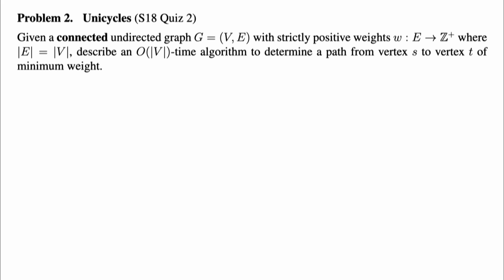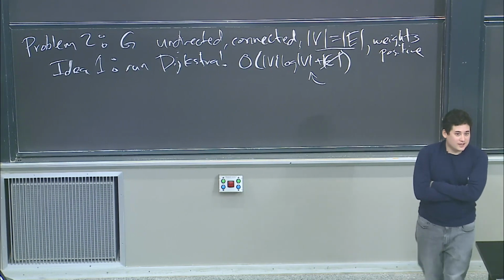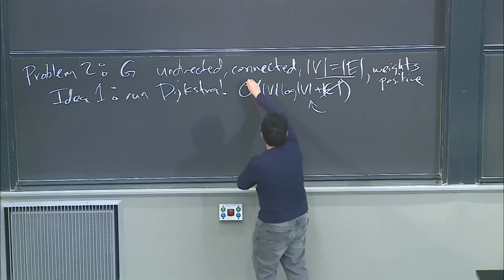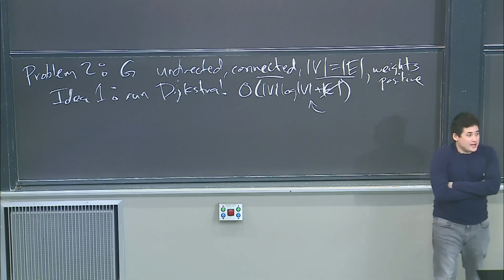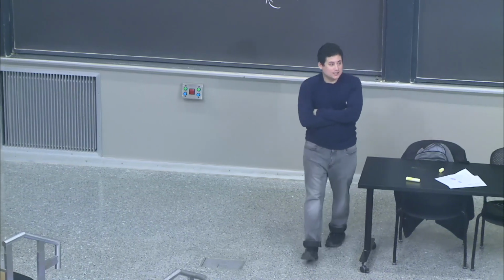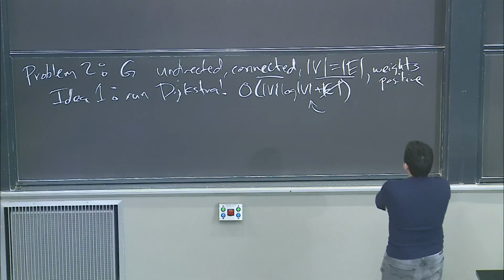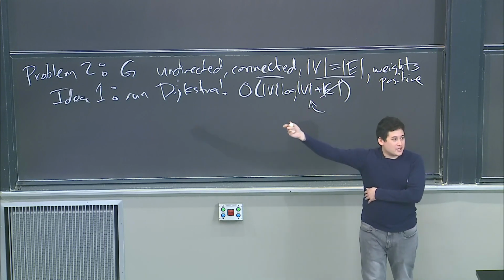Well, what does this graph look like? Here I'm going to take a look at this condition, E equals V. Okay? So what does this graph look like? It's connected, and E is V plus one. Well, how many edges does a tree have? V minus 1, right? So in a sense, a tree is the smallest number of edges you can have in a connected graph.